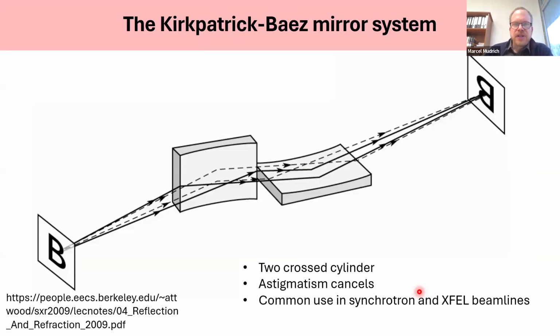And a very convenient way to place mirrors, both to guide the beam in X and Y direction, so left, right, up, down, but also to focus the beam, is this so-called Kirkpatrick-Baez mirror system, KB mirror system, which achieves that and even has the positive property of canceling astigmatism. It's very commonly used at synchrotrons, but also at XFEL beamlines.